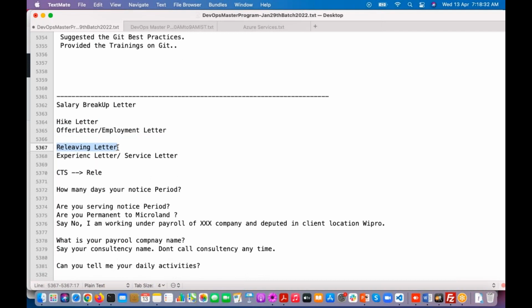Now the relieving letter. Once you leave a company, they give you the relieving letter. Some companies do not give the relieving letter and just give the experience letter, or we can call it a service letter. In that service letter, they mention that this particular employee worked in this organization from this particular date to this date.